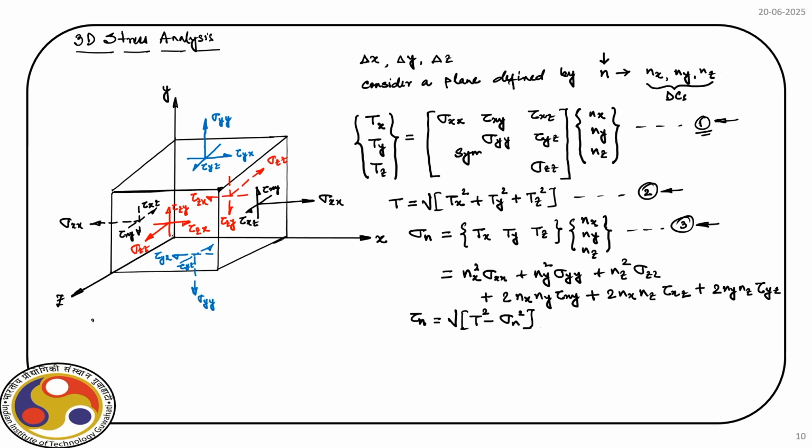So, example, what we do? We consider stress field which is 20, minus 4, 3, then 60, minus 5, then 45.